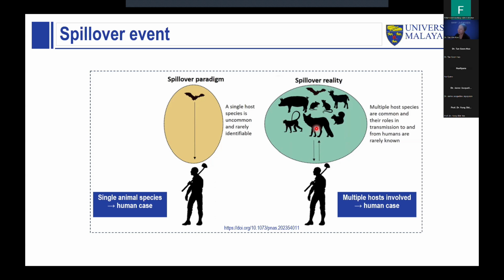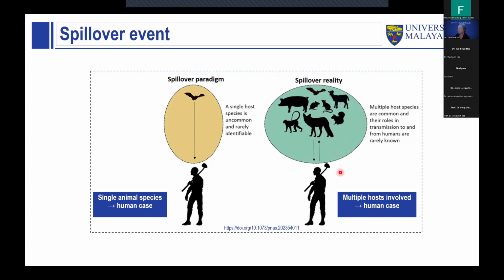But in reality, this is not the case. In reality, spillover events are far more complex than what we think. You look at these diagrams. Normally there are multiple hosts involved in the wild and in the environment, even before the pathogen manages to reach us.